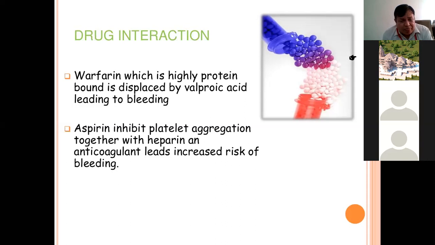So in the case of heparin and aspirin taking together, the drug interaction which lead or increase the risk of bleeding. So we avoid the aspirin along with anticoagulant.